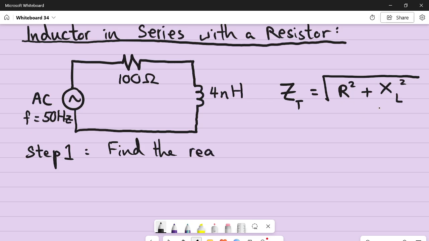This XL is called reactance. So I'm just going to use purple and say this is called the reactance of the inductor. Capital X is reserved for the reactance. Is everybody still with me?